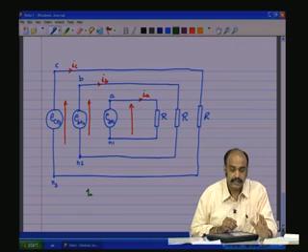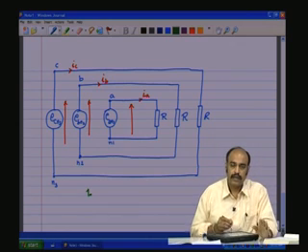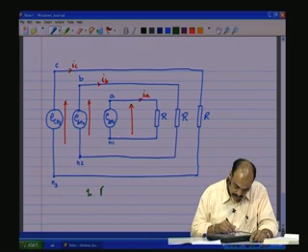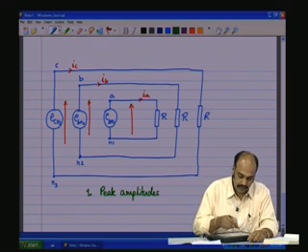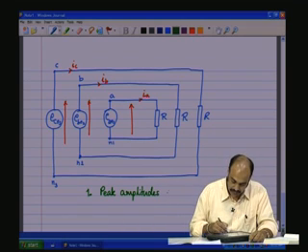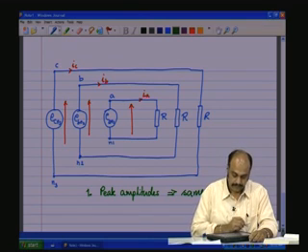Not the instantaneous values, mind you, we are making the peak values of the sine waves of each of these sinusoidal sources the same for all three.